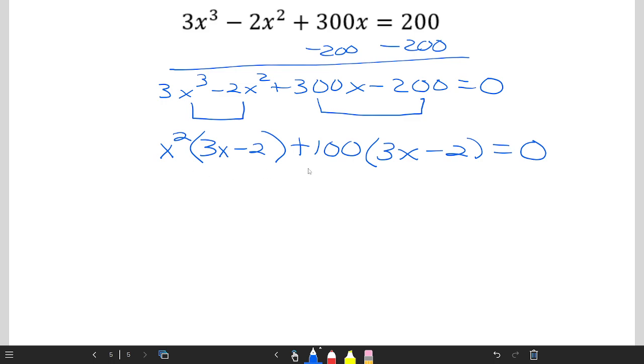Okay, now we have 2 terms separated by this plus sign here, and both of the terms have a 3x minus 2. So we can factor that from each term. First term here is left with an x squared, and the second term is left with a plus 100.